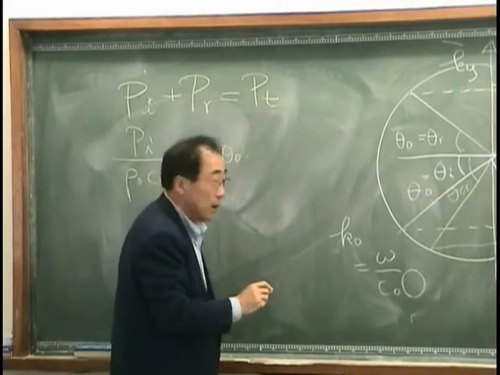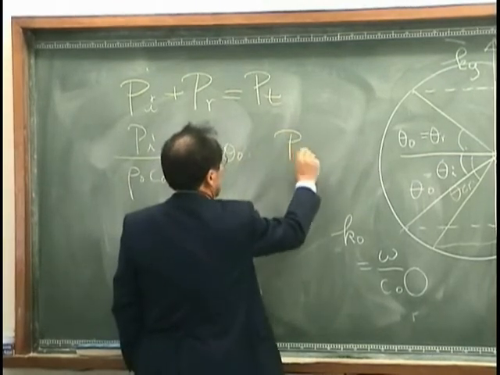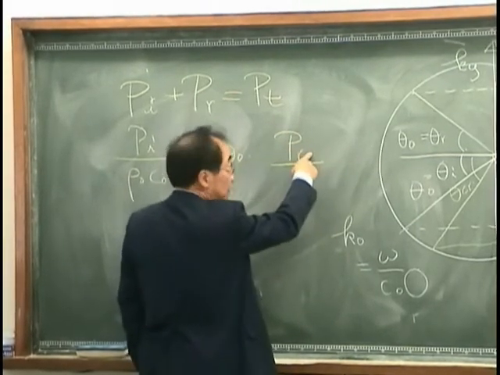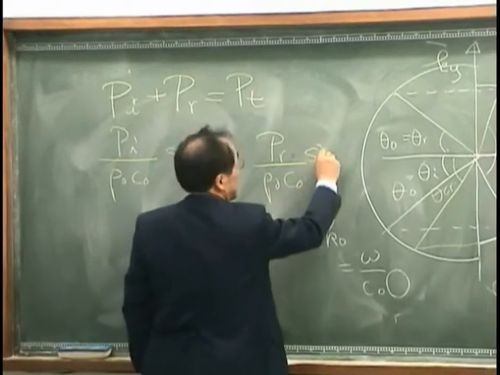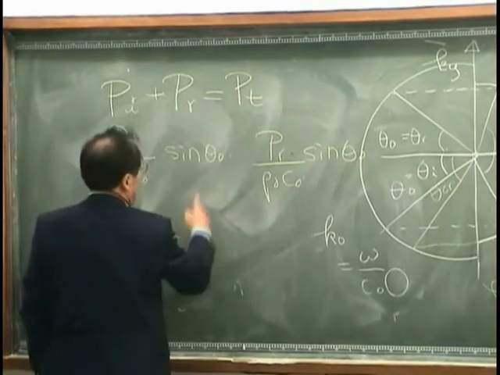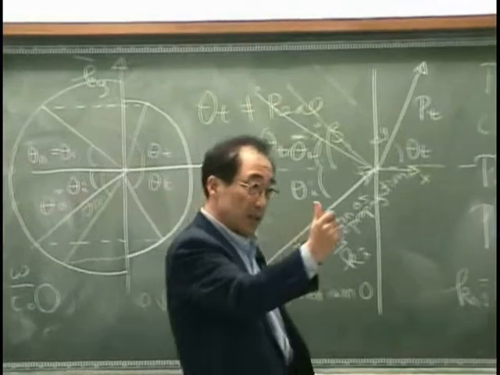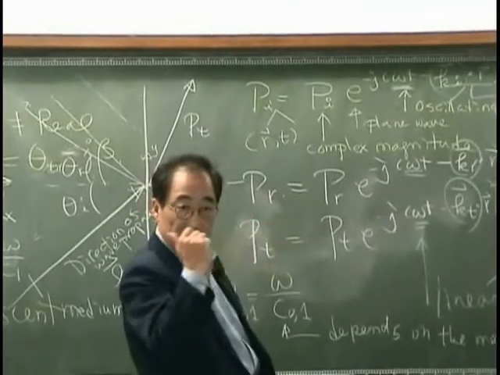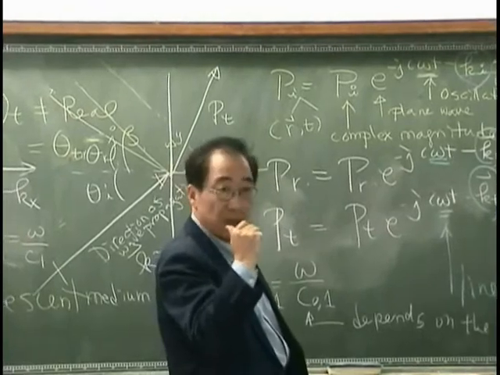And also I have the velocity due to the reflected wave, which is rho 0 c0 sine theta r, but that is the same as sine theta 0, but the direction has to be minus, because the reflected wave is reflected in the other direction, okay?